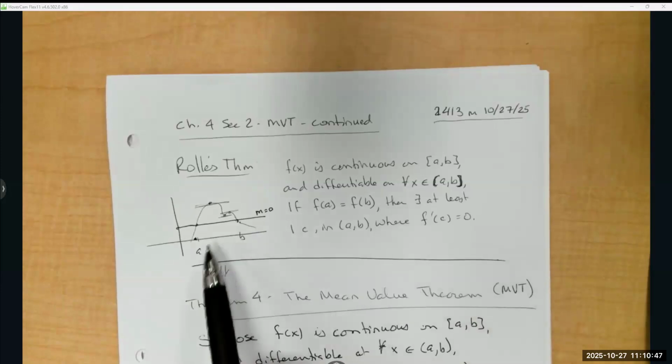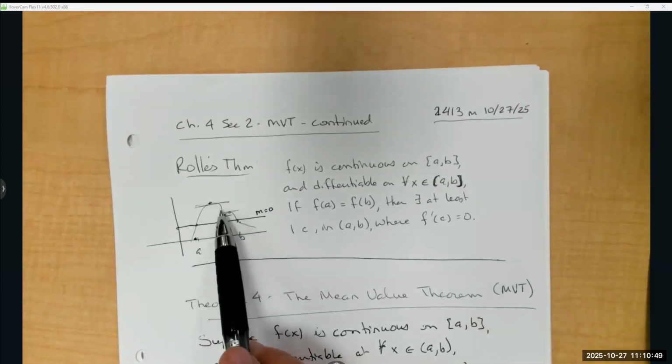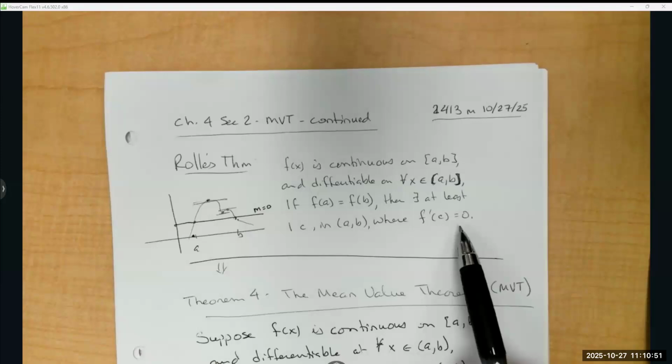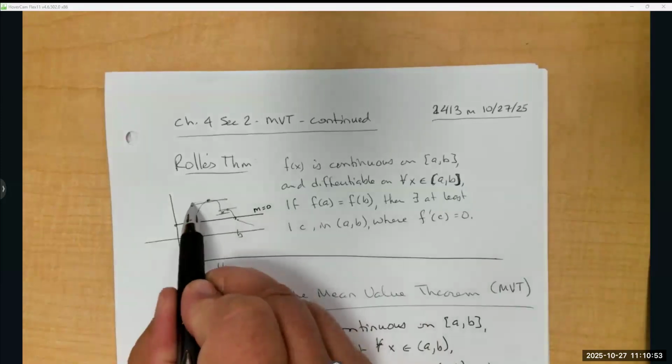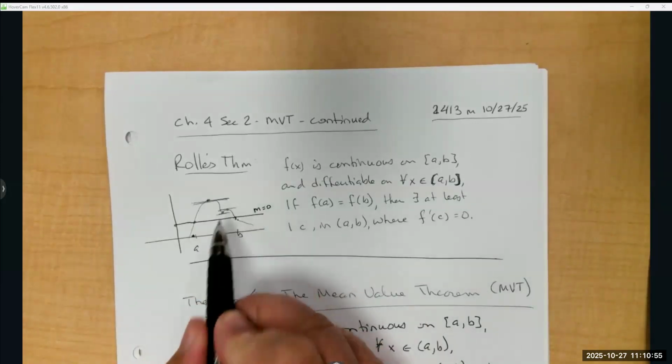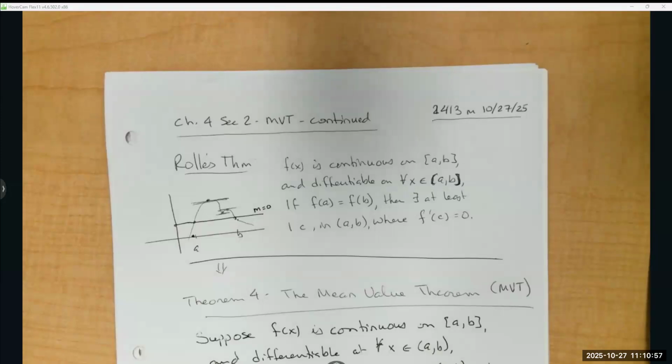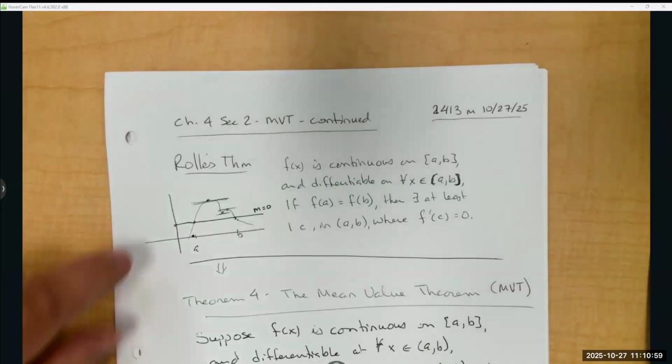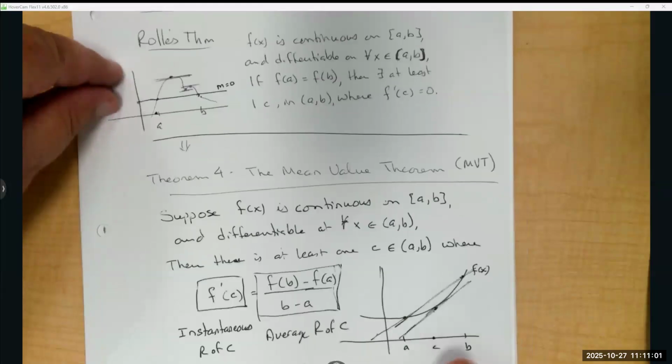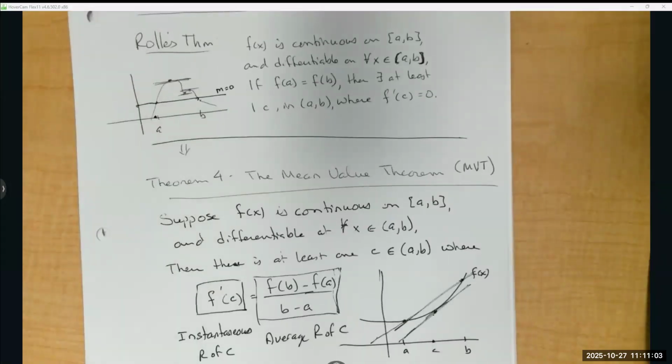Now, if that's true, then there's at least one value c where the slope is also 0, depending on where the vertices are. These two are telling us relatively the same thing. Rolle's theorem did horizontal lines. And we also can use Rolle's theorem and the mean value theorem to find the x-intercepts.